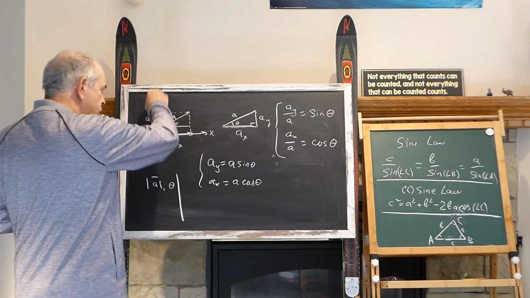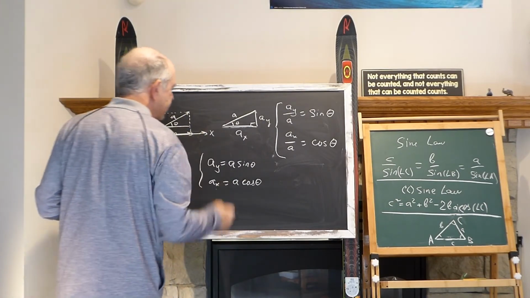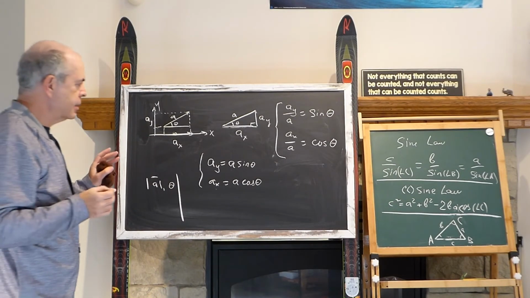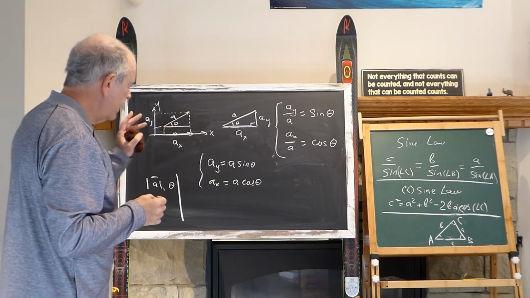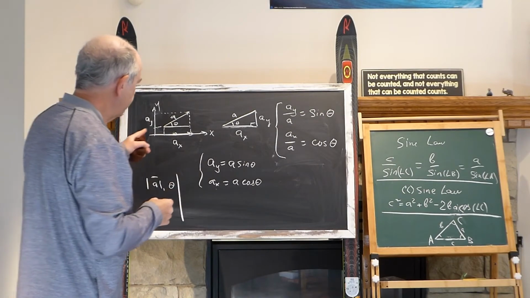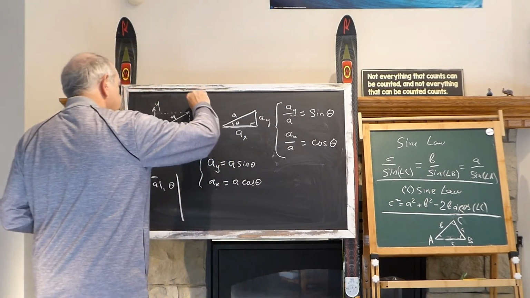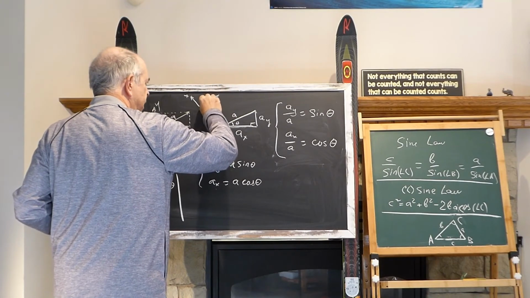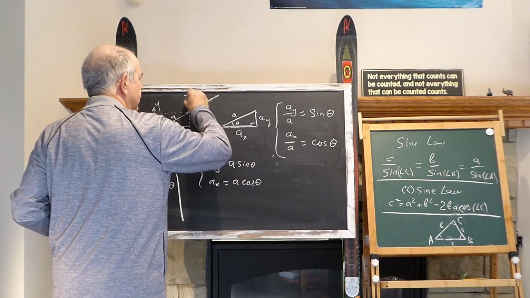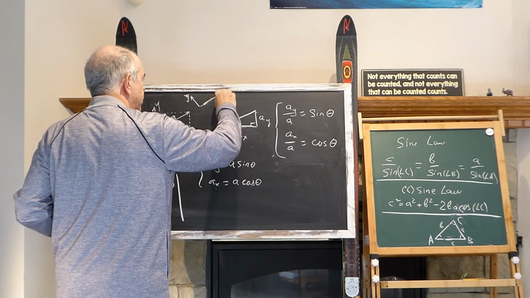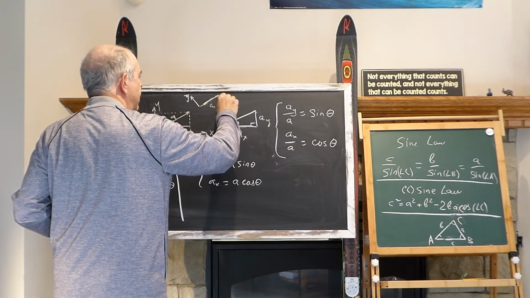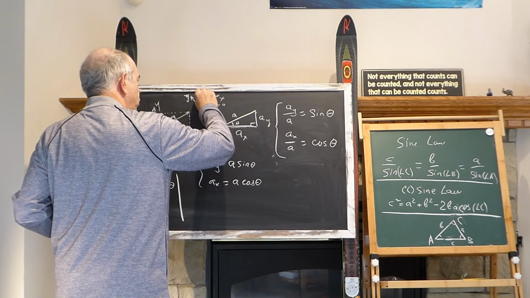This is a projection on one axis, this is a projection on another axis. We can choose the axes the way we want, and we deal with this. For example, we could choose those axes like that, and then the vector would be straight here. This would be y, and this would be x, and in this case ax would be A, and ay would be 0.